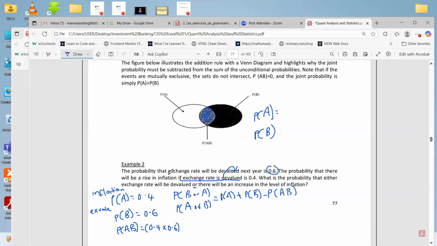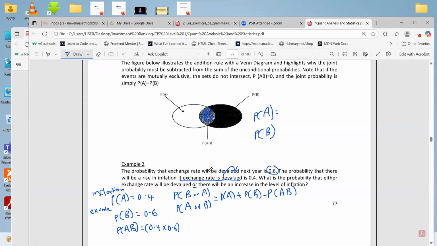The probability that exchange rate will be devalued next year is 0.6. This is settled. We don't know what it is, A or B, we don't know. But look at the second sentence. The probability that there will be a rise in inflation, if exchange rate is devalued, is 0.4. What does that tell us?